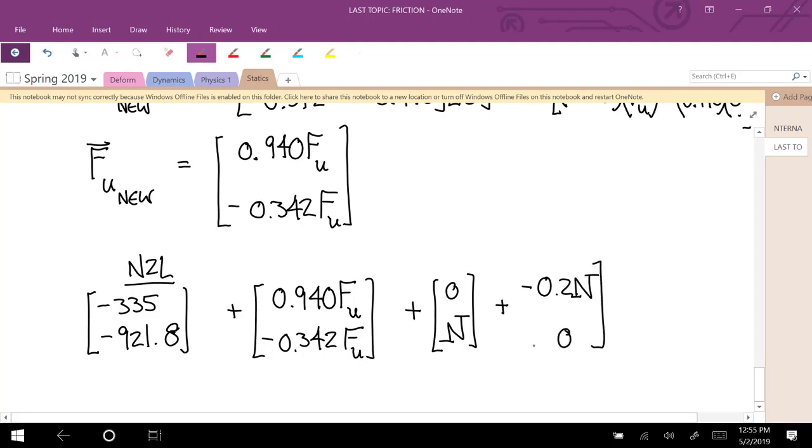That's the normal force and the friction force. And those are equal to the mass times acceleration.